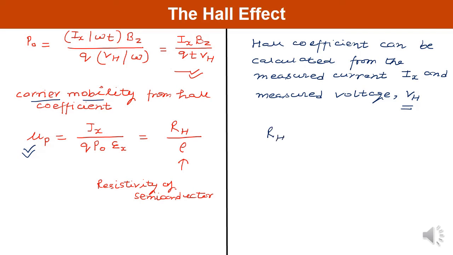RH would be Vh upon Ix, direction also being mentioned, into Bz, where small t is the thickness, L is the length of the semiconductor bar, and W is the width. So this is how the Hall coefficient can be calculated from Ix and Vh.